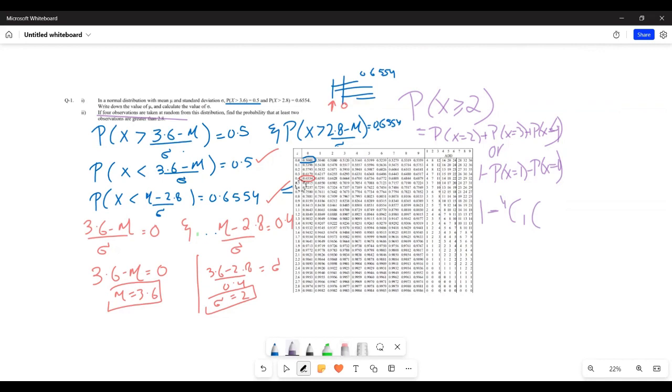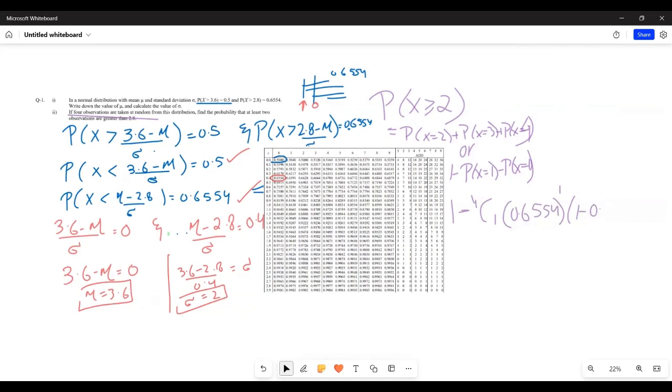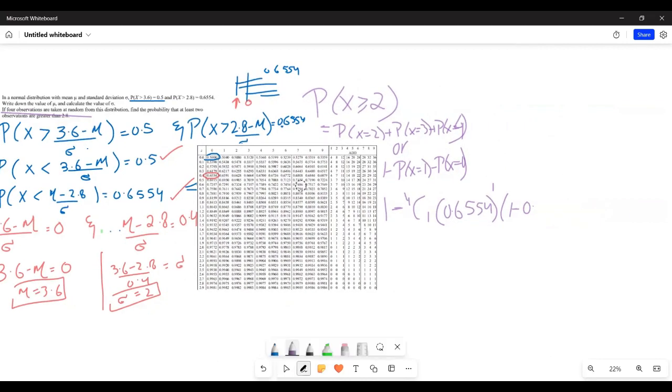So the probability of success is 0.6554, power is 1. And then 1 minus 0.6554 is q, and the power is the difference of the two, 3.